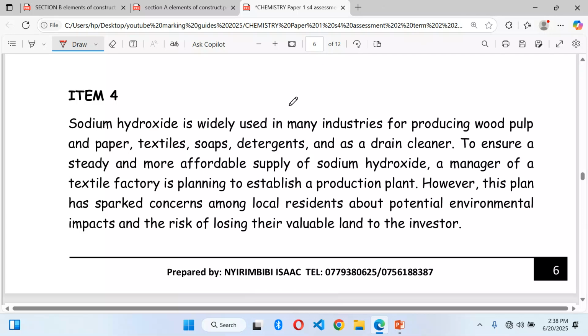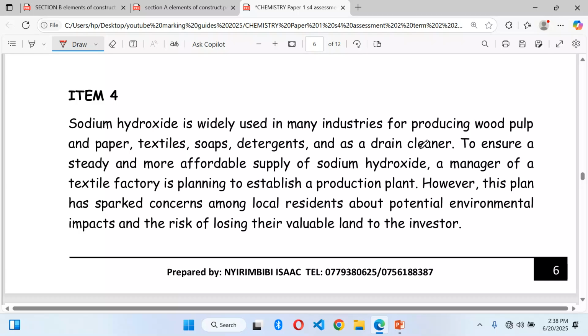Now, let's read very fast. Sodium hydroxide is widely used in many industries for producing wood pulp and paper, textiles, soaps, detergents, and as a drain cleaner.